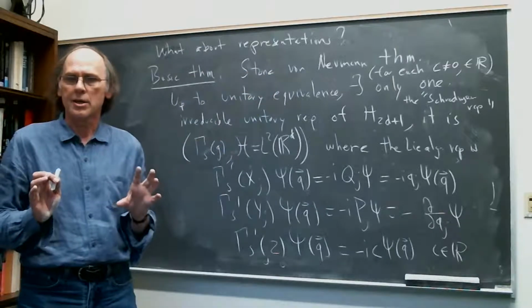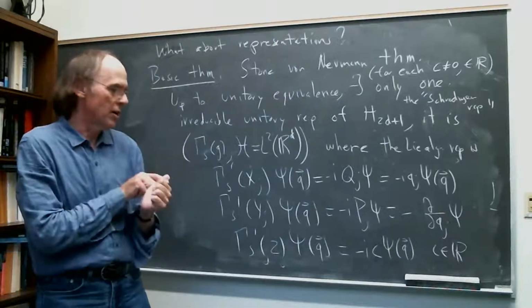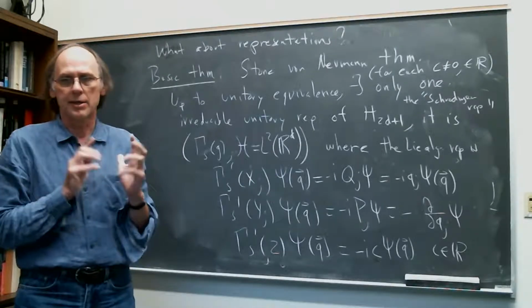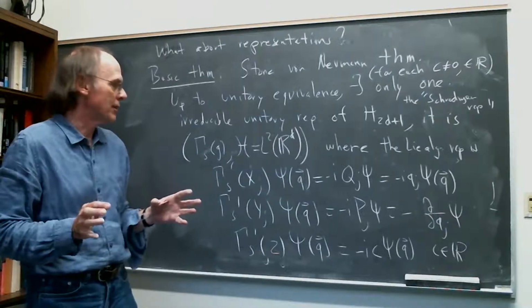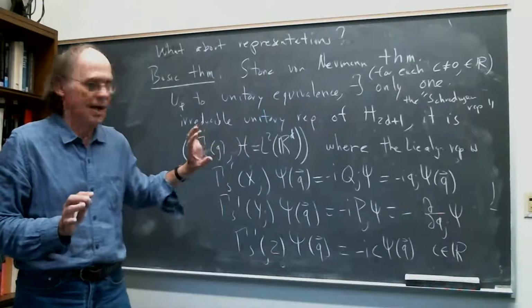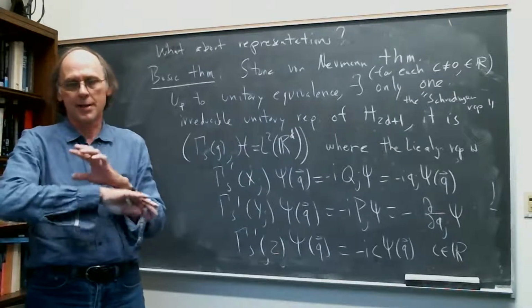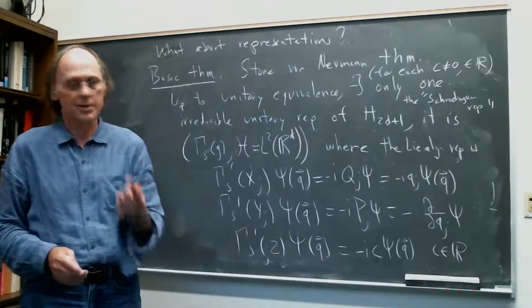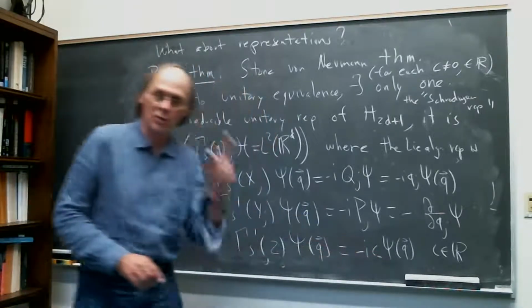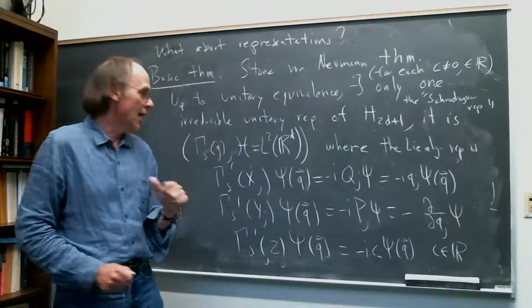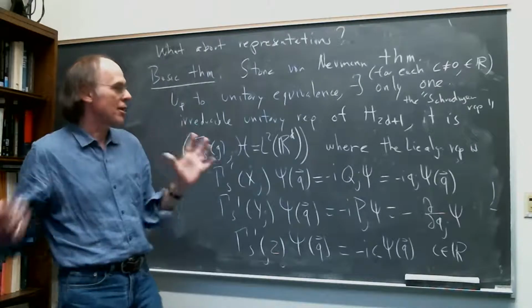So I've shown you a new Lie group and a new Lie algebra, and I've in some sense claimed that the representation theory of this is, in a weird way, very simple. This thing does not have lots of unitary representations. Up to this problem, it has only one unitary representation, but it's infinite dimensional, which makes it hard to understand.